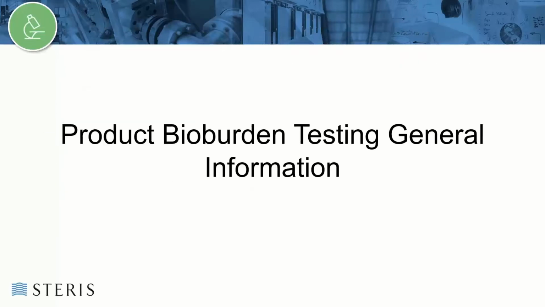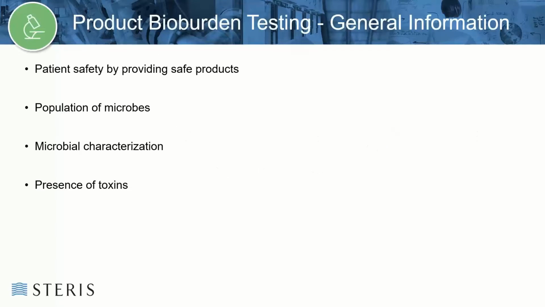So now let's look at some general information around bioburden testing. Patient safety is the main goal of medical device manufacturers. Bioburden control and monitoring is a key component in achieving quality assurance of a manufacturing process and a consistent challenge to the sterilization process.